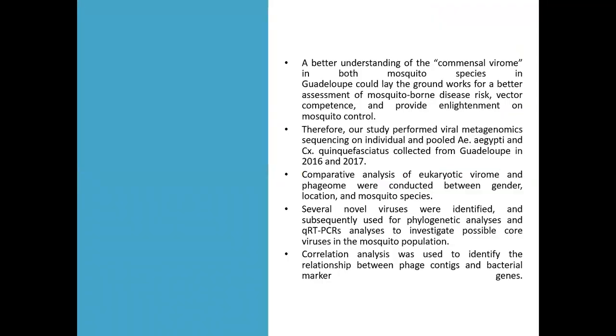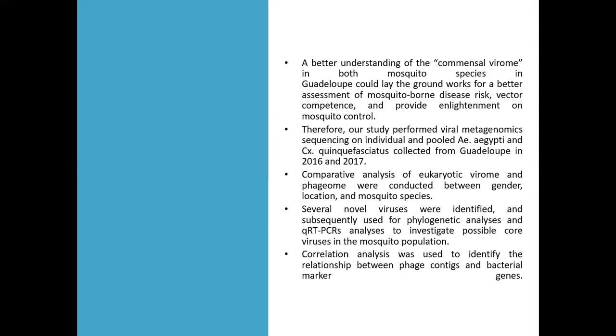As an introduction, it's good to have a better understanding of the commensal viromes of the mosquito species in the study area, because this is very important for a better assessment of mosquito-borne disease risks.